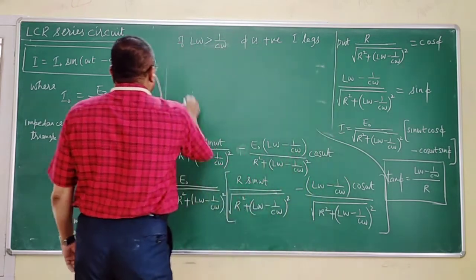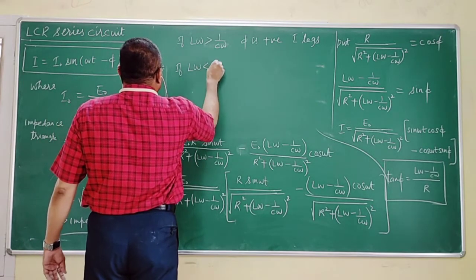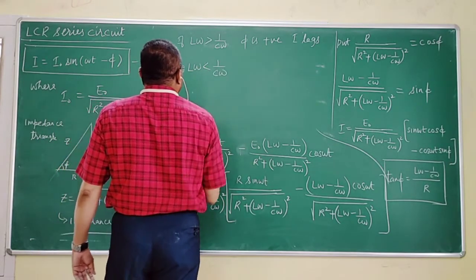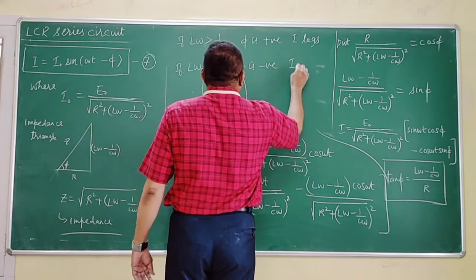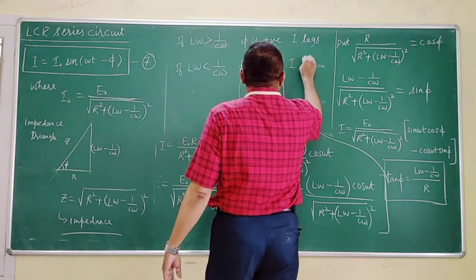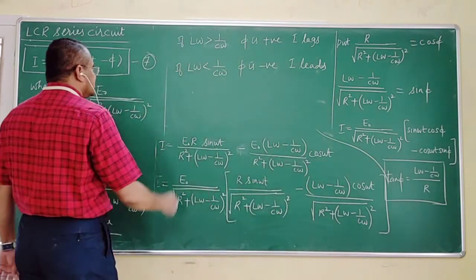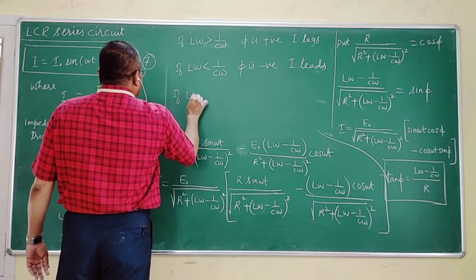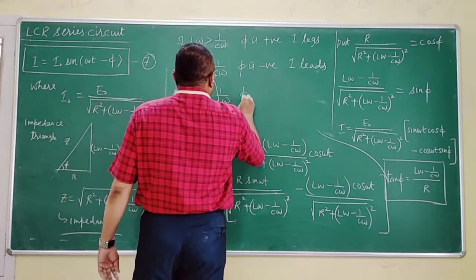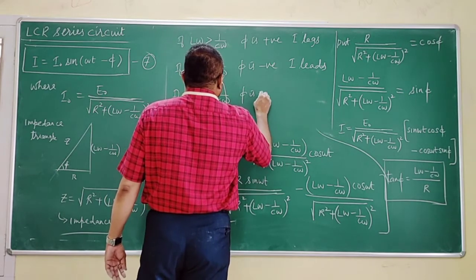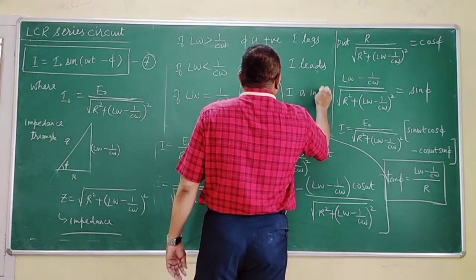If L omega is less than 1 by C omega, phi is negative, minus or minus will become plus, current leads the applied EMF. If L omega is equal to 1 by C omega, phi is 0, then current is in phase.